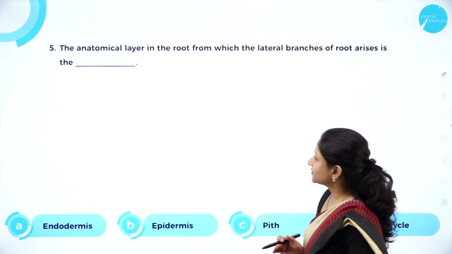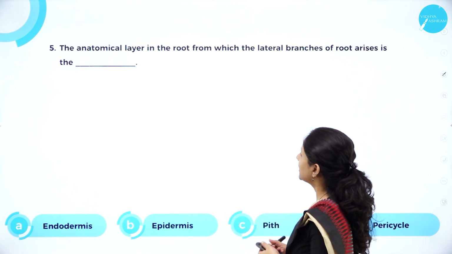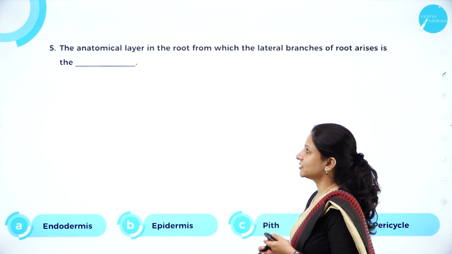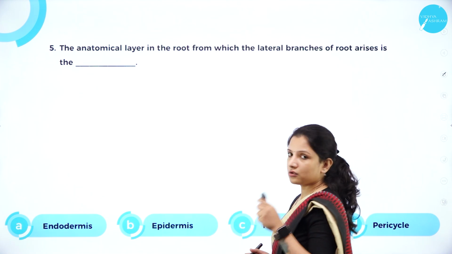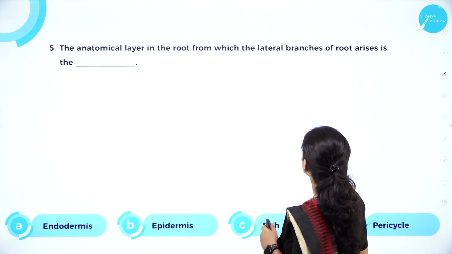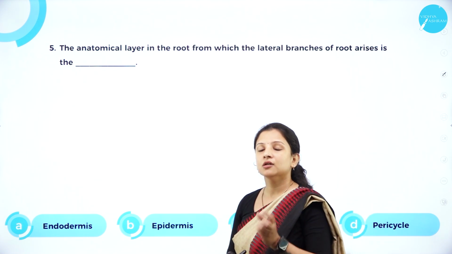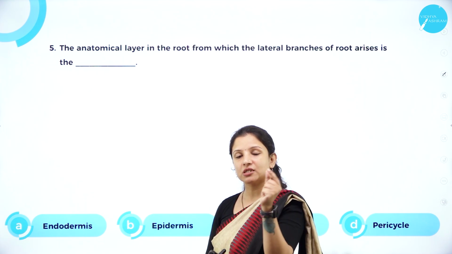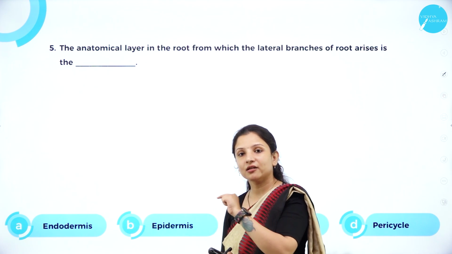Option C. Next question. The anatomical layer in the root from which the lateral branches of the root arise is. So what is the question? We know that in the root there is the mother root or the primary root from which the lateral roots or the secondary roots develop.